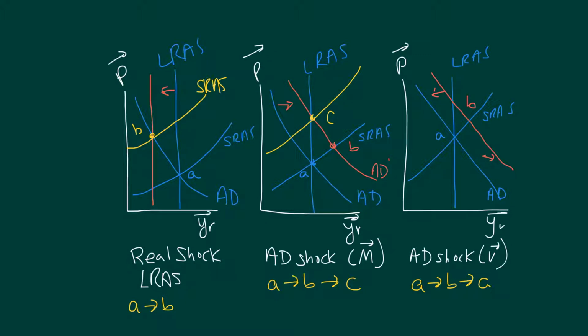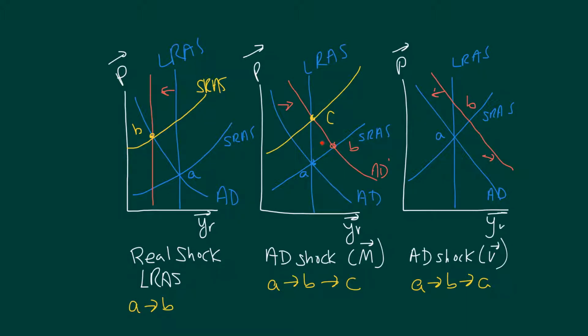All right, so summing up these three things, I just want to point out that with the first one, with the real shock, what had to happen to bring us into a new equilibrium was an expectation of inflation had to change, and so it was the short-run aggregate supply curve that brought us back. Here, that part is true as well.